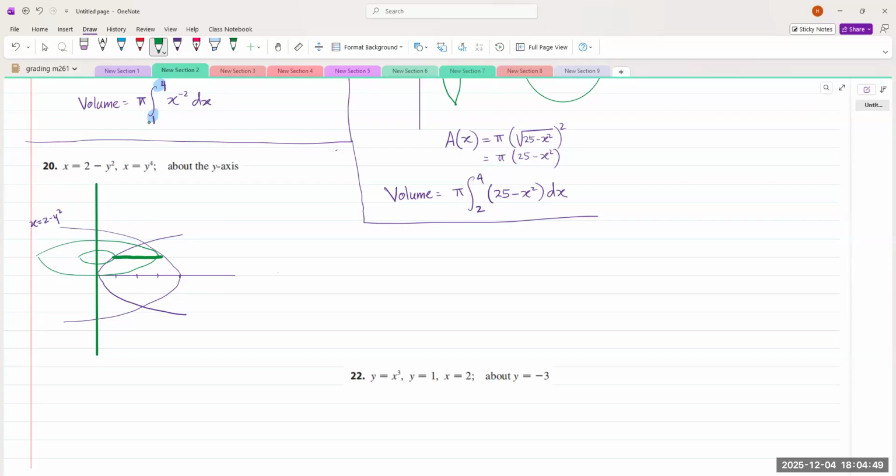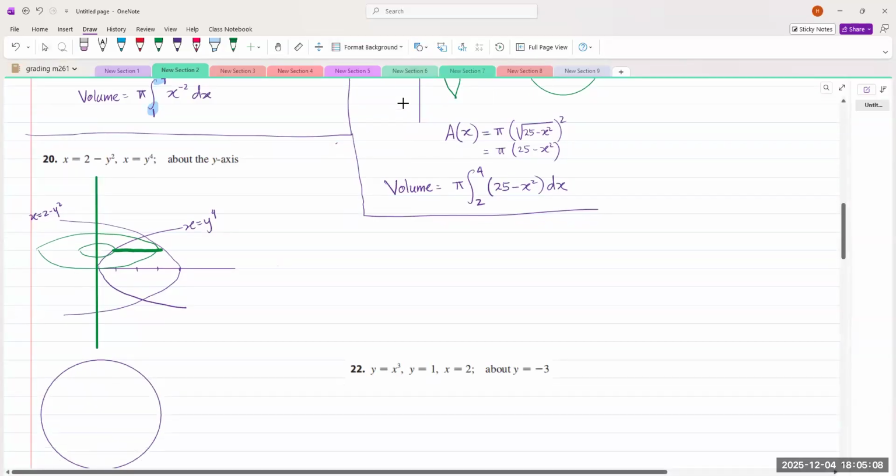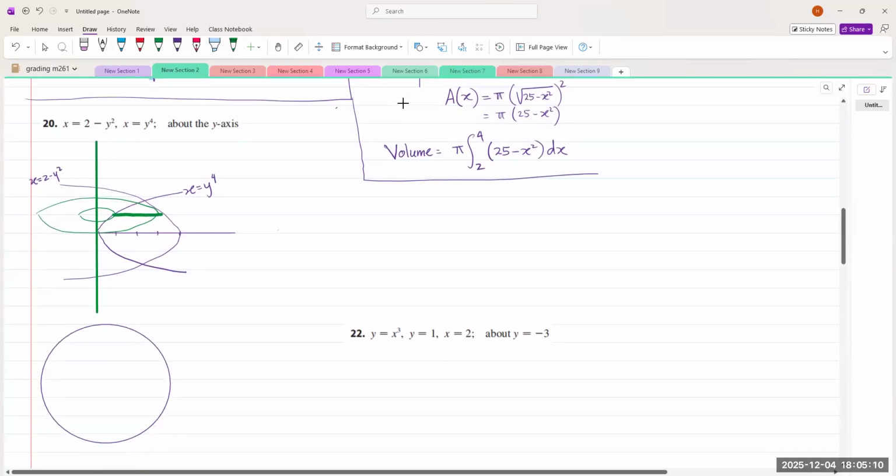Okay. Now, this is y equals to, I'm sorry, x equals to y to the fourth. If we draw the circles, the disk, one of them is the big disk, like this, right?